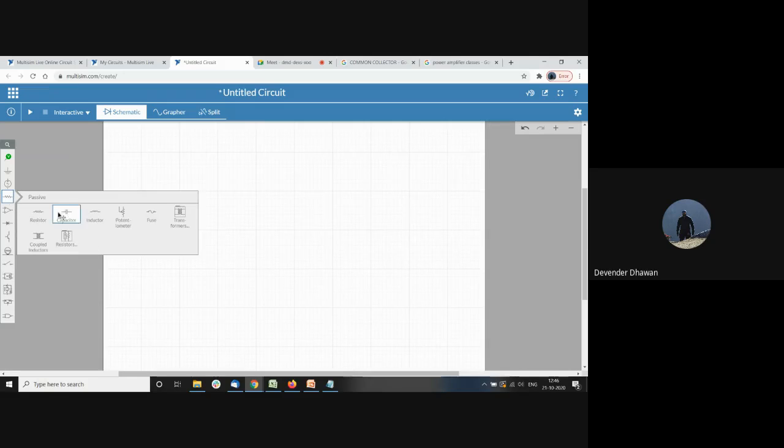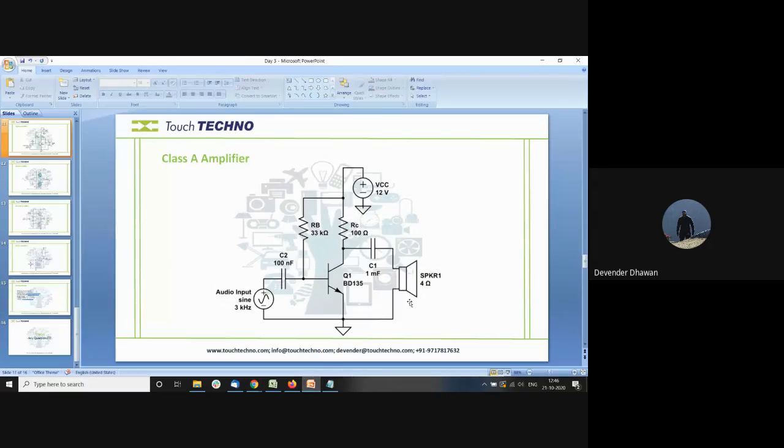Otherwise the simplest thing would be to use a resistance again as a load resistance, just acting as a load. We can give anything as a load. In case of a power amplifier, putting an LED might not be a good idea, because it would be handling a lot of power, and LEDs are low voltage devices. So you can put in a lamp or a buzzer, or simply a resistance would do the job.